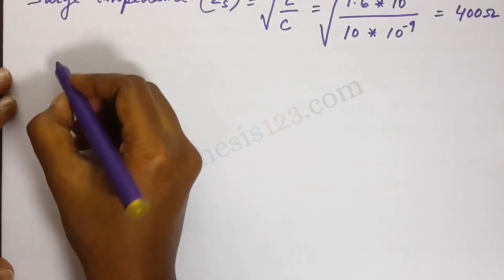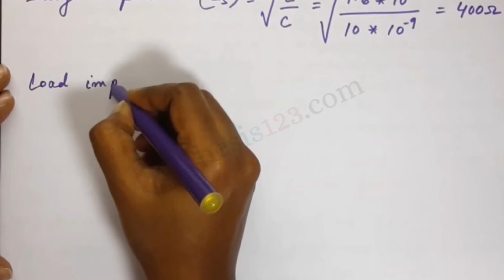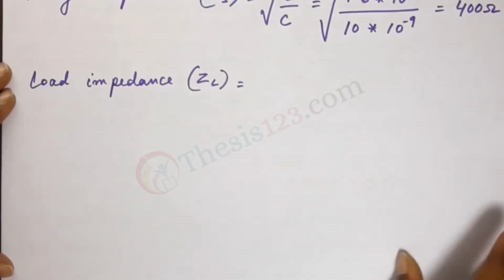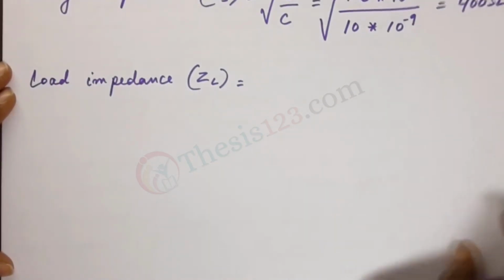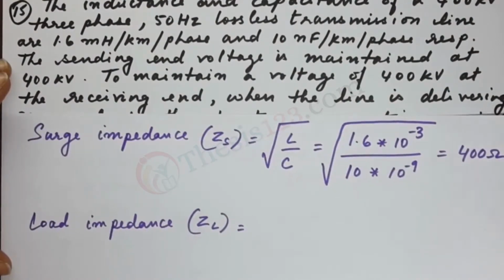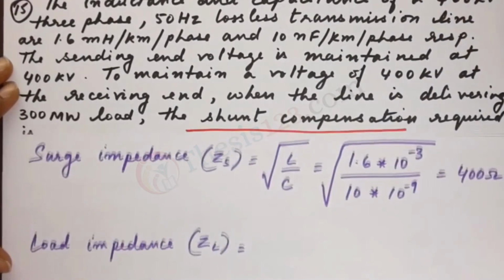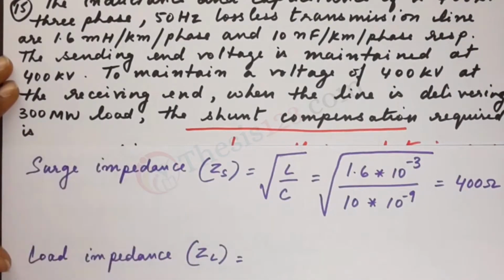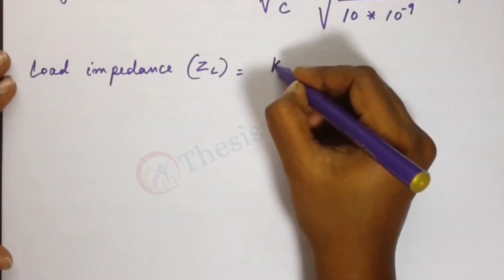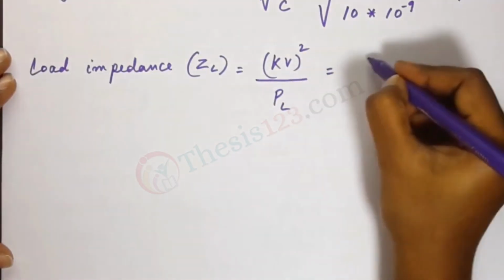Okay, so we have the surge impedance. Now let's look at the load impedance, ZL. ZL can be calculated in terms of the power that's given. We have been given 400 kV and a load of 300 megawatts. So the load impedance is kV squared divided by the load power.